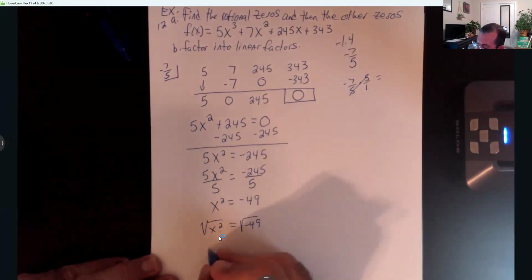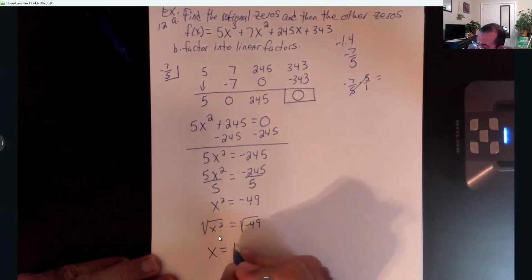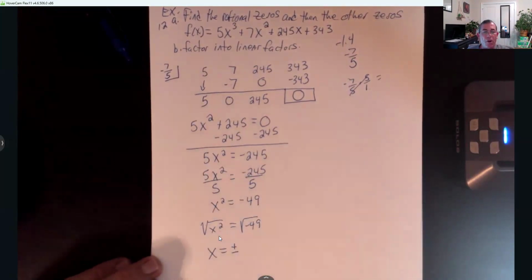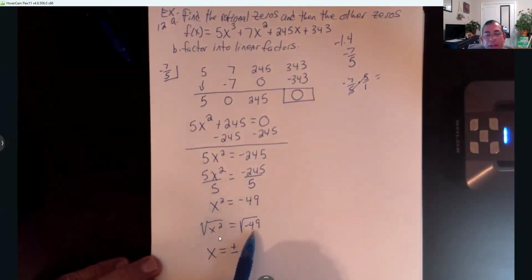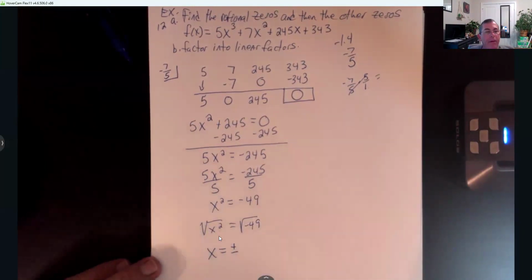So the square root of x squared is the x. That's going to equal a plus or minus. So y'all, here's the question of the day. What is the square root of a negative 49?